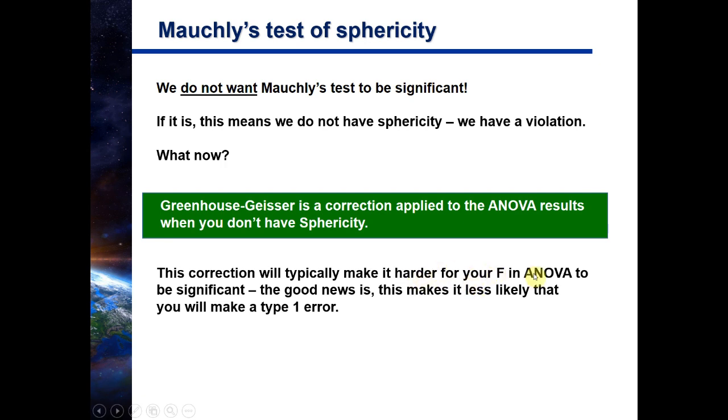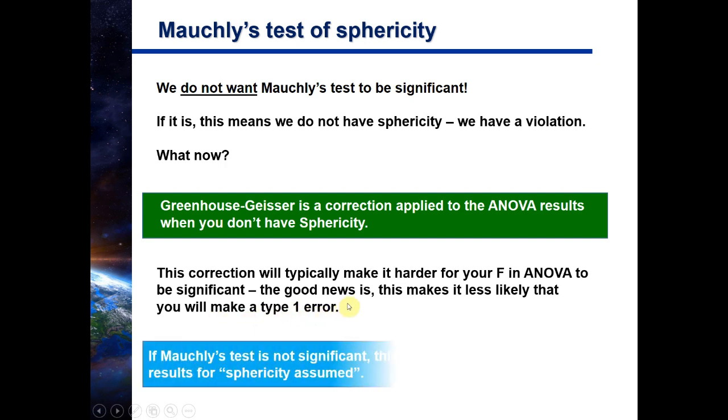So what do we typically give up in order to make it a little bit more difficult to find a significant result to get this F to be significant? We're usually giving up degrees of freedom. That makes it a little harder for us to find significant results. But if you still find significant results with the GG, then you're really happy, because you still have significant results and you've lowered your risk of a type 1 error.